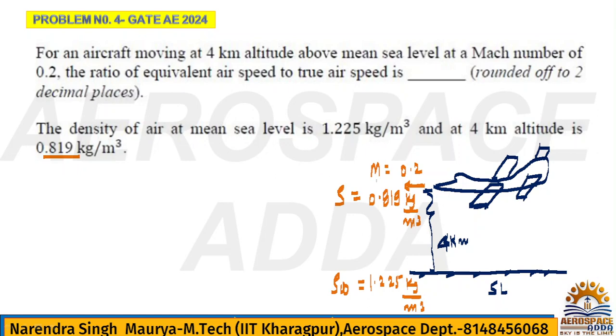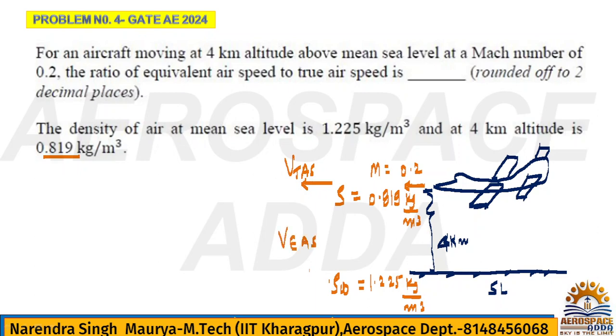If you take the density at the altitude where the aircraft is flying, then this speed will be called true air speed. And for the same aircraft flying at 4 km altitude, if you take sea level density, then that speed will be equivalent air speed.